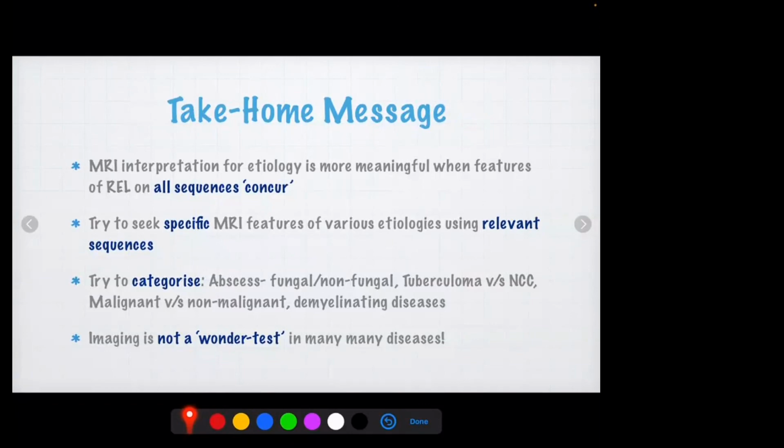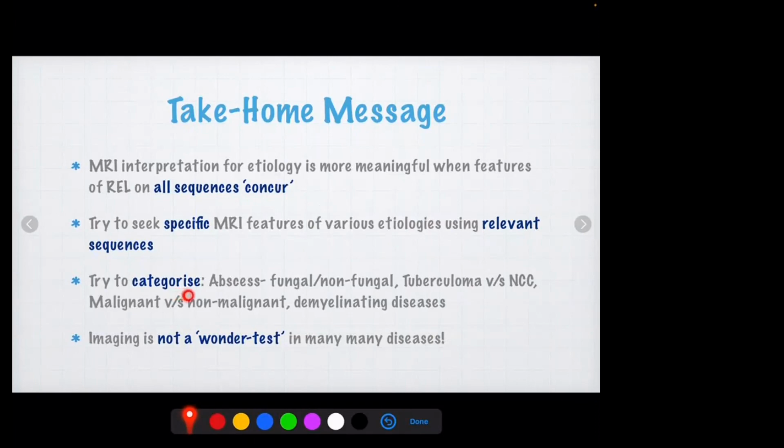We should try to seek specific MRI findings, like in fungi, like in NCC, sometimes in TB and lymphomas, toxoplasma. So we should remember and try and find specific MRI features in relevant sequences, and we can ask the radiologist also to order and focus on these sequences to see the specific etiology.